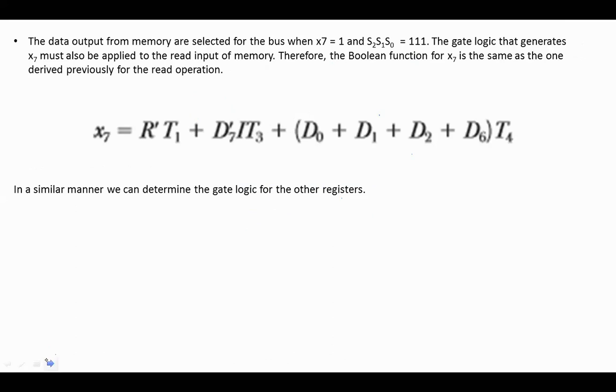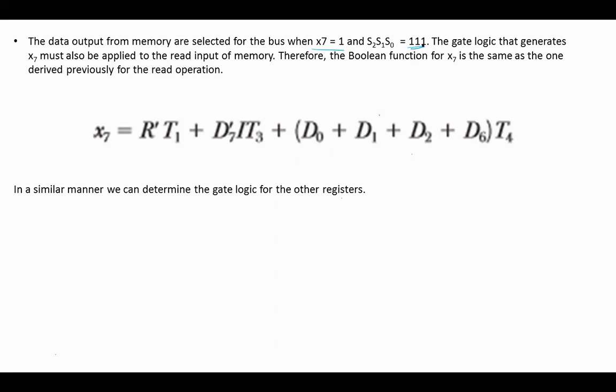The data output from memory is selected for the bus when X7 equals 1 and S2, S1, S0 equals 111. The gate logic that generates X7 must also be applied to the read input of memory.